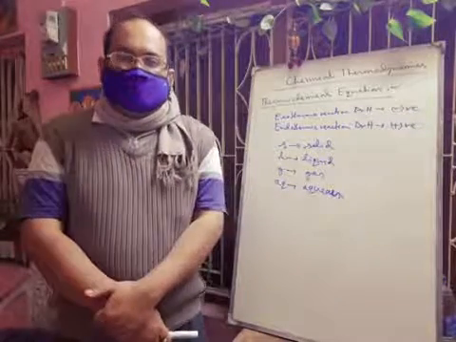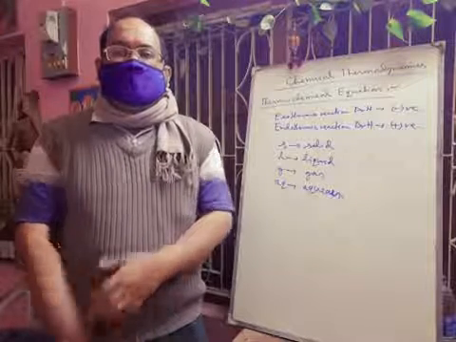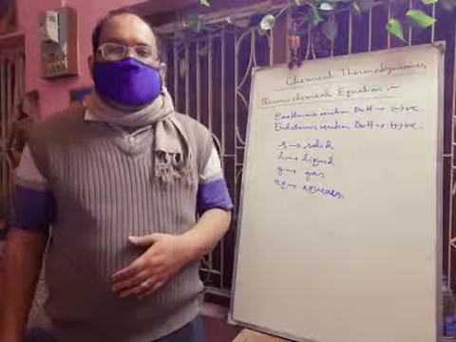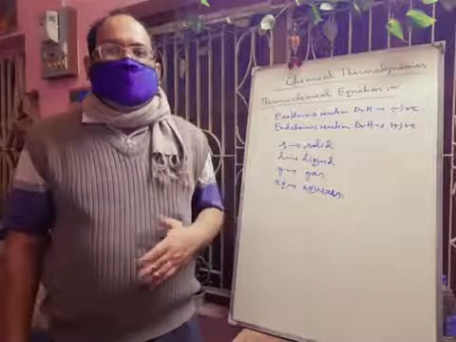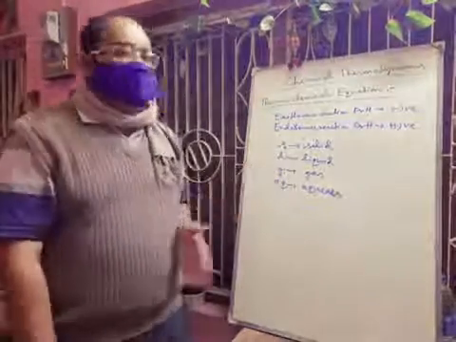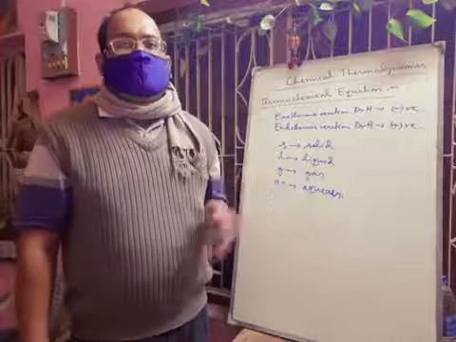It is essential to indicate the physical state of reactants and products because the delta H value, that is the enthalpy change, depends upon the physical state of the reactants and products.